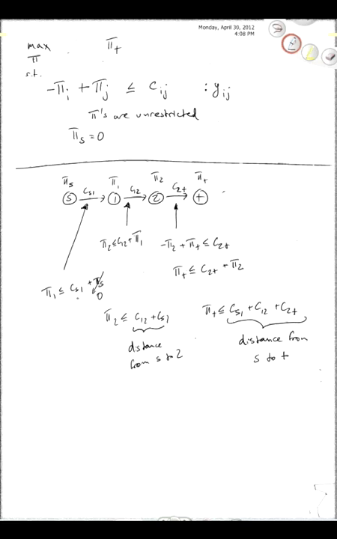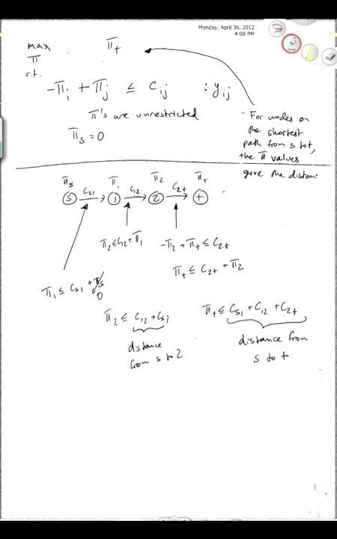So these pi values for nodes on the shortest path from S to T, the pi values give the distance of the node away from S. And that's exactly what happened here.